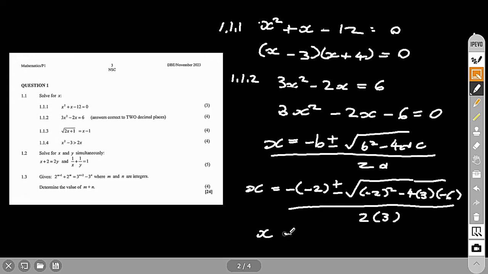So the first one is x equals negative times negative, it's positive, so it's 2. Let's start with plus the square root. When you put everything in the calculator, the one inside the square root will get 76. 2 times 3 is 6. So you divide everything by 6.